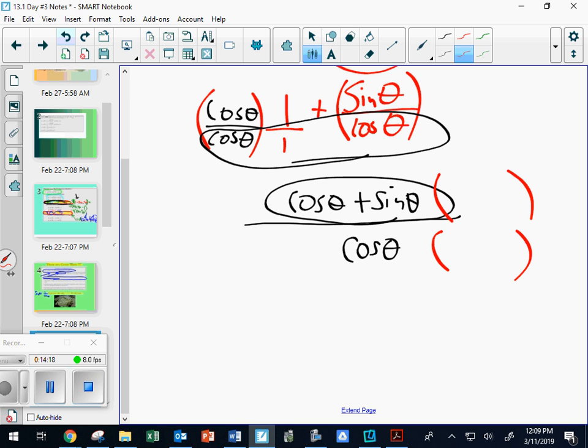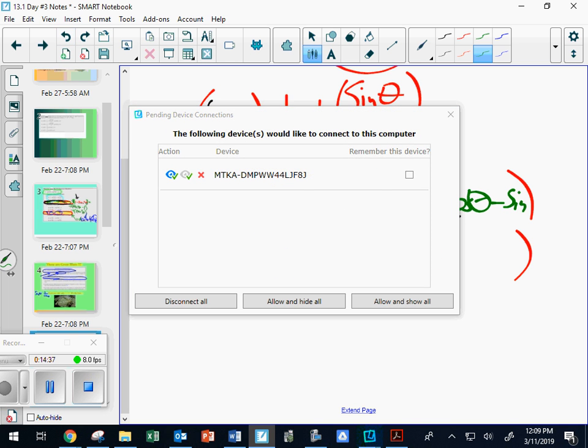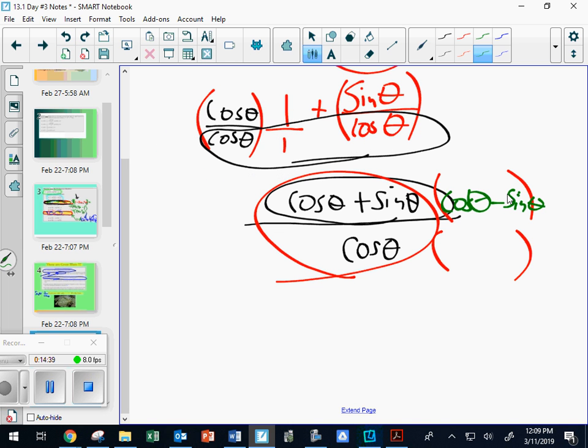That's the next concept. First of all, we do not have to do this. If you got this far, you were good. Raise your hand if you got that far. Okay, good. Then you were good. That's okay. You don't have to go any further. But what if I multiplied by cosine theta minus sine theta? If I did that, I'd have to do it to the bottom. And that is called its conjugate.